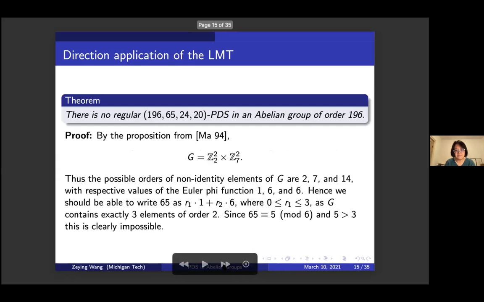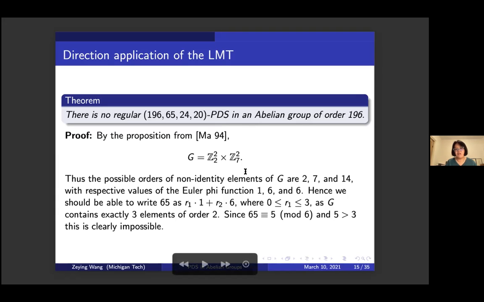The next parameter set is 196, 65, 24, 20. 196 equals 4 times 49, so by the previous proposition, the structure of the group has to be Z2 by Z2 by Z7 by Z7. You cannot have a cyclic Sylow 2-subgroup, and you cannot have a cyclic Sylow 7-subgroup, so it has to be this structure.